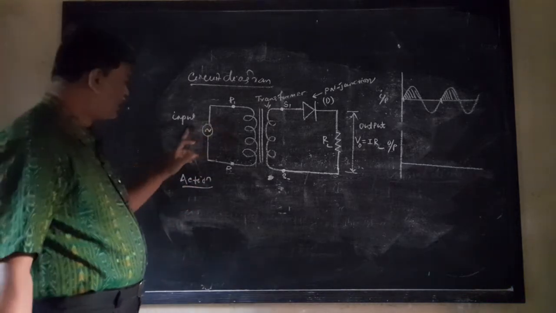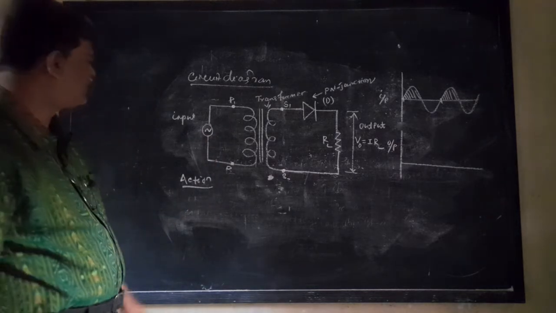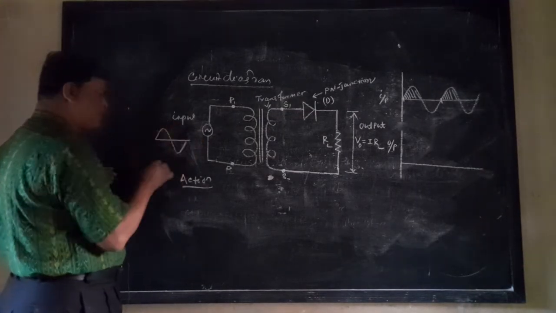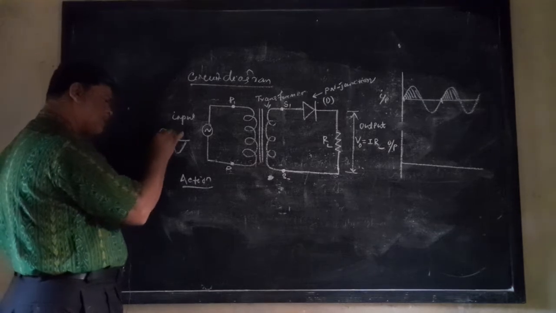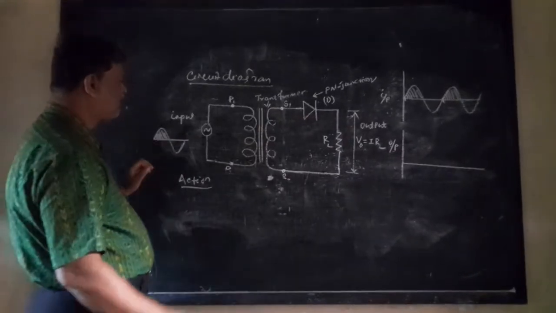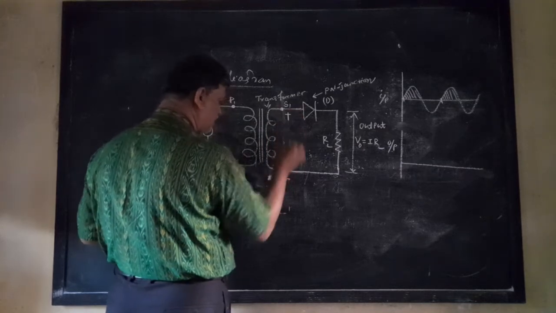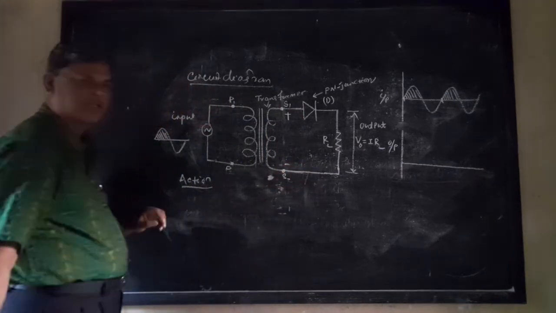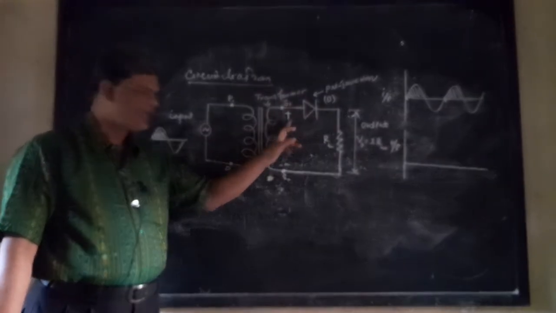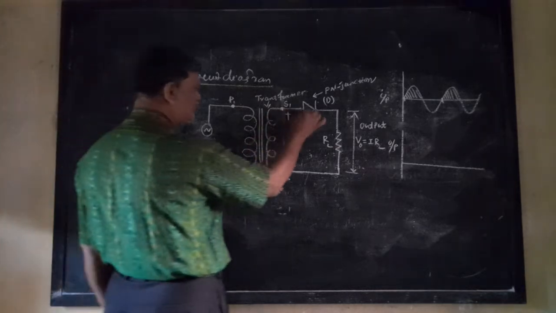When the AC is connected to the primary coil, which is to be rectified. This is the AC circuit. For the positive half cycle of AC, suppose this end is positive and this end is negative. Let S1 be positive and S2 negative.